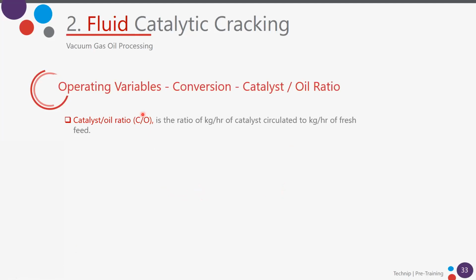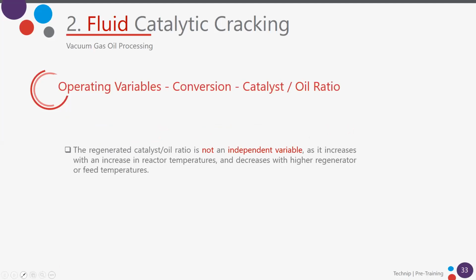The catalyst to oil ratio is also an important operating variable. This is the ratio of kilograms per hour of catalyst circulated to kilograms per hour of fresh feed. This is not an independent variable.